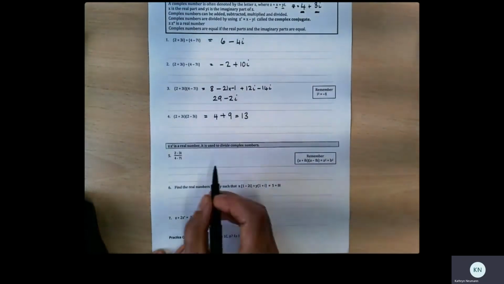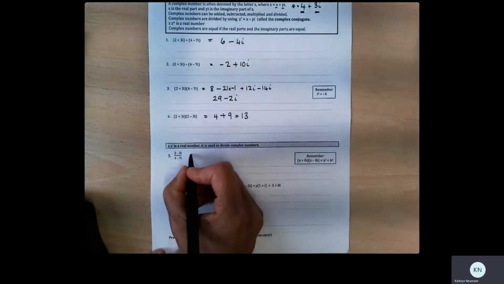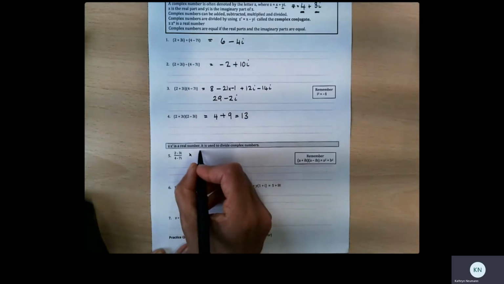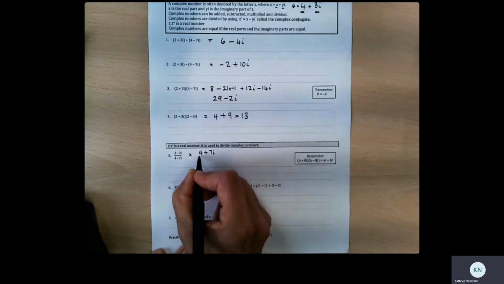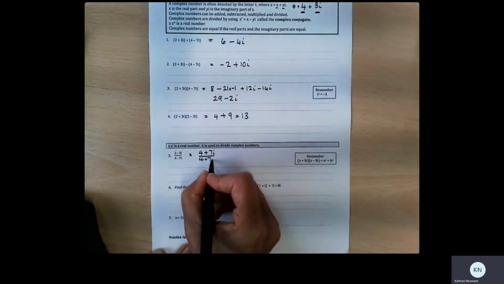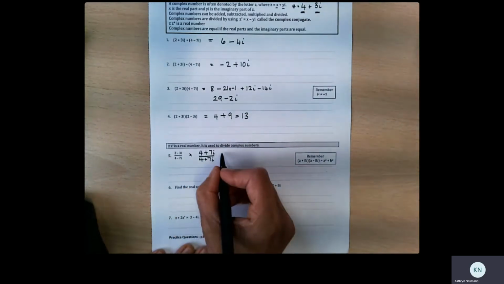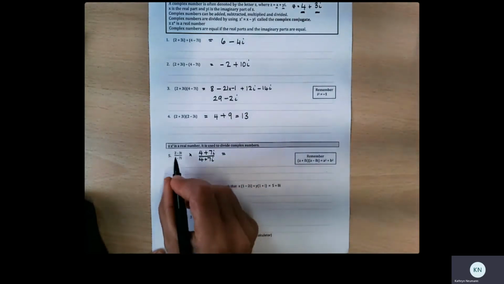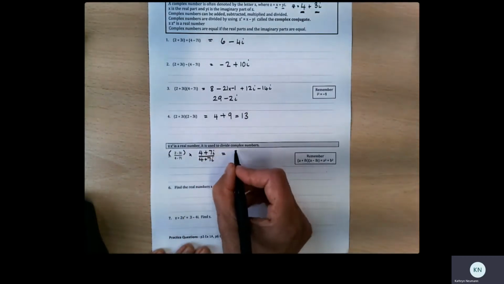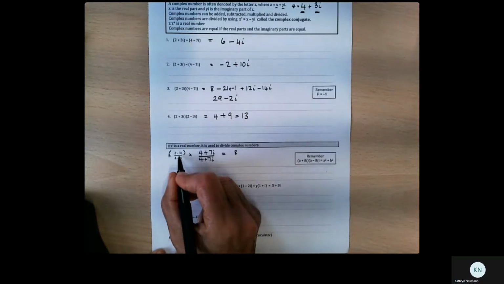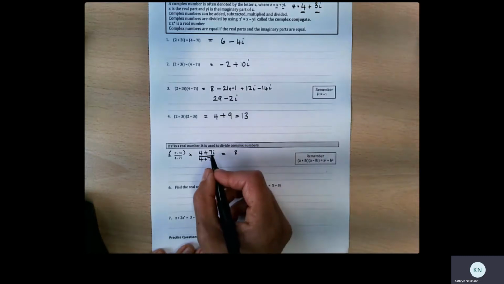We use this fact to divide numbers. So if we want to divide two numbers like this, the way to think of doing this is to multiply the top and the bottom by 4 plus 7i over 4 plus 7i, just like when you rationalize a surd. And what you get when you do this is, for the top, multiplying these two brackets together, you're going to get 8. So this is the question that we've done up here. Not quite, actually.